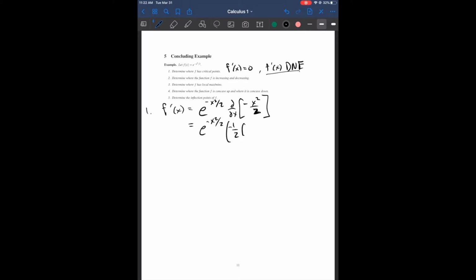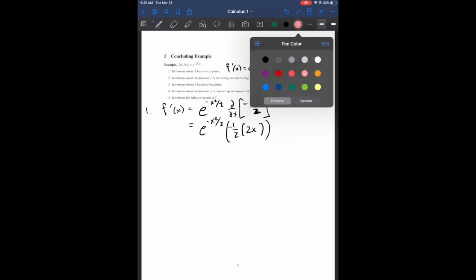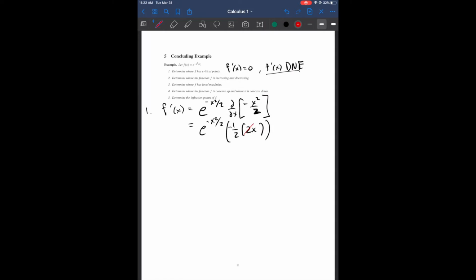So I really just need to take the derivative of the x squared part. And if I do that, derivative of x squared is 2x. Okay, you can see I'm going to get a little bit of cancellation here. Right, so this 2 and this 2 are going to go away. So I'm going to get, in the end, that negative x and this e to the minus x squared over 2. Okay, so this is what the derivative is equal to.